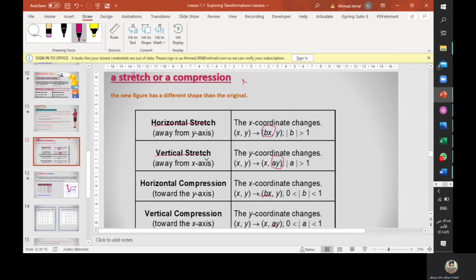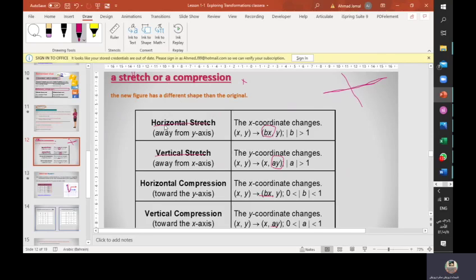Vertical stretch, I will multiply in the y coordinate. So this is x and y.